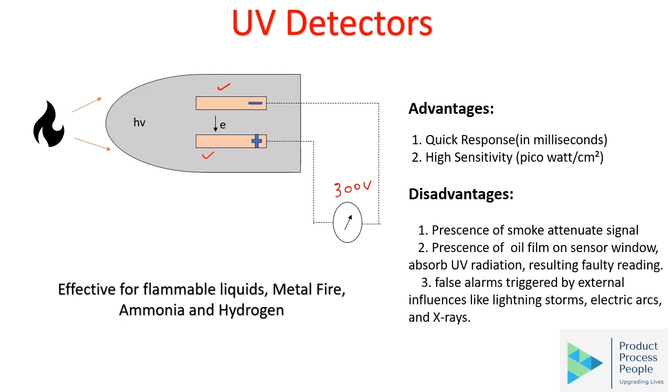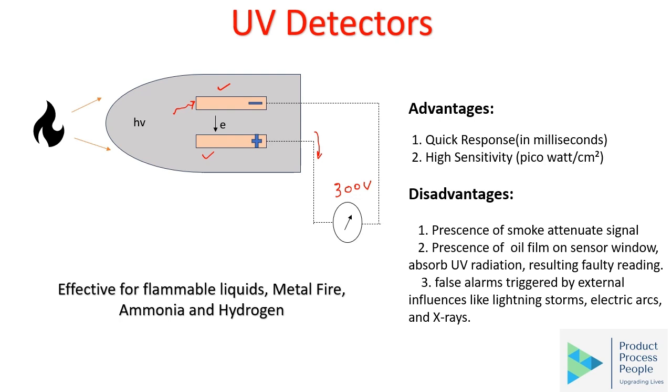When the UV photons strike the cathode, electrons are released and drawn towards the anode, ionizing the gas molecules and creating a chain reaction that generates an output signal in the form of current.